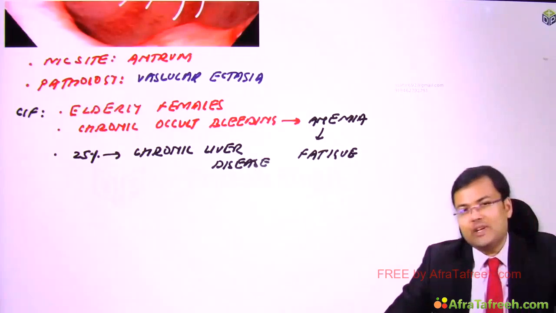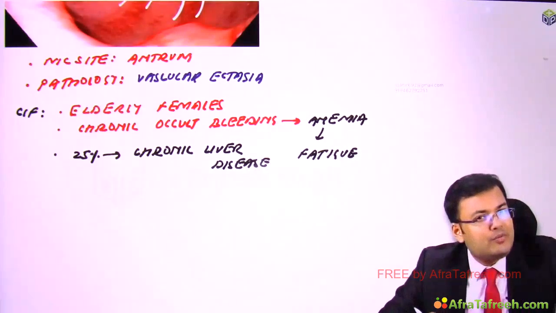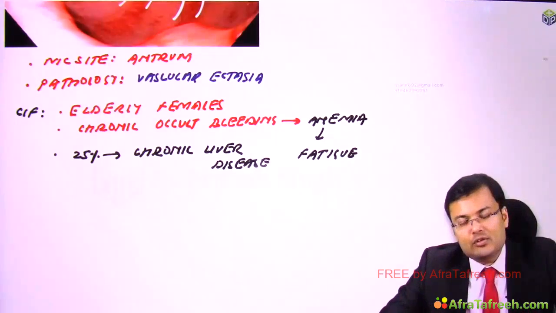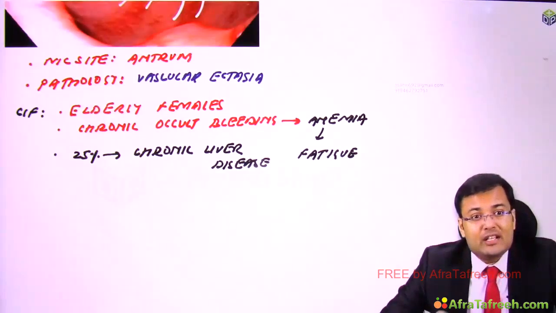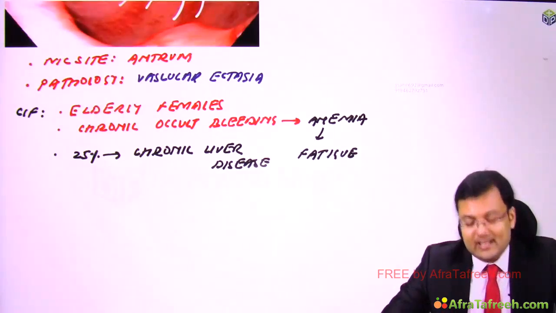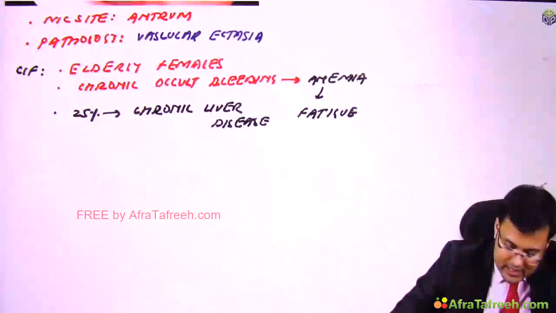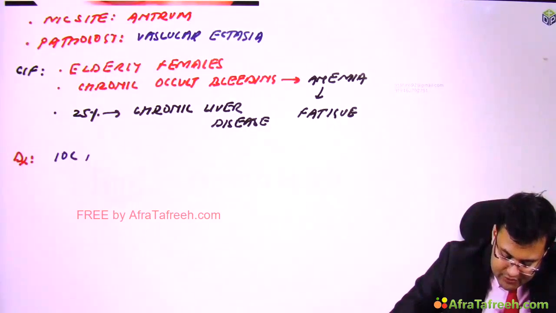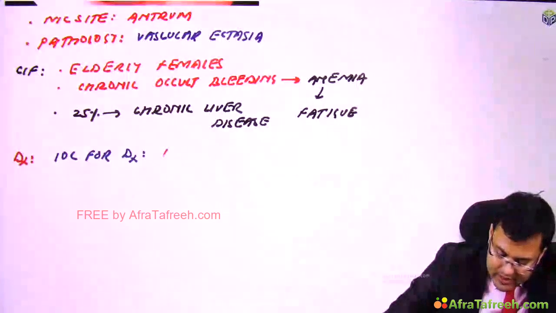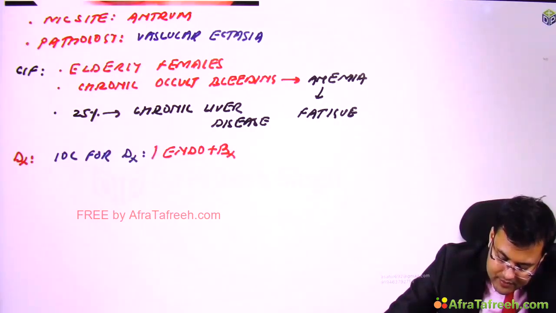Now how are we going to make the diagnosis? One, you should have this kind of appearance on endoscopy. And second, there should be confirmation of the pathological problem, what? Vascular ectasia. So the investigation of choice for diagnosis is endoscopy plus biopsy.